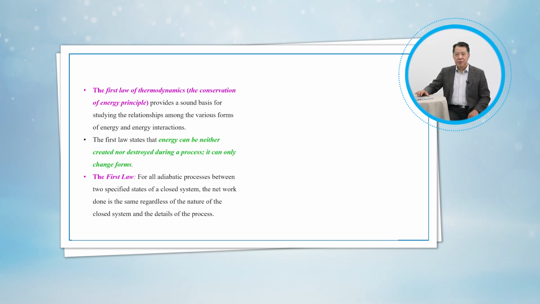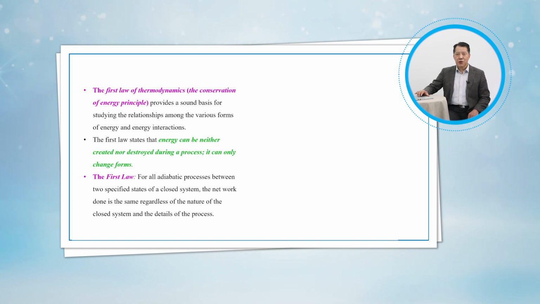Consider a system undergoing a series of adiabatic processes from a specified state 1 to another specified state 2. Being adiabatic, this process obviously cannot involve any heat transfer, but they may involve several kinds of work interactions.